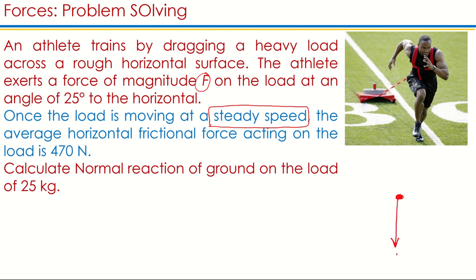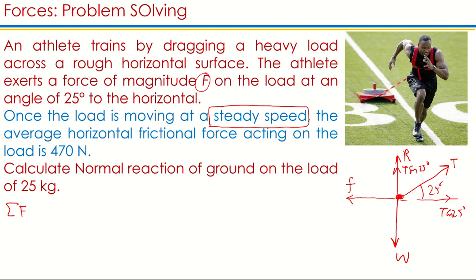One is weight, the other is the normal reaction, and there is a tension in the string, and there is a force of friction. This is at an angle of 25 degree. So I can say T cosine 25 degree, T sine 25 degree. So sum of the forces along horizontal equal to 0.